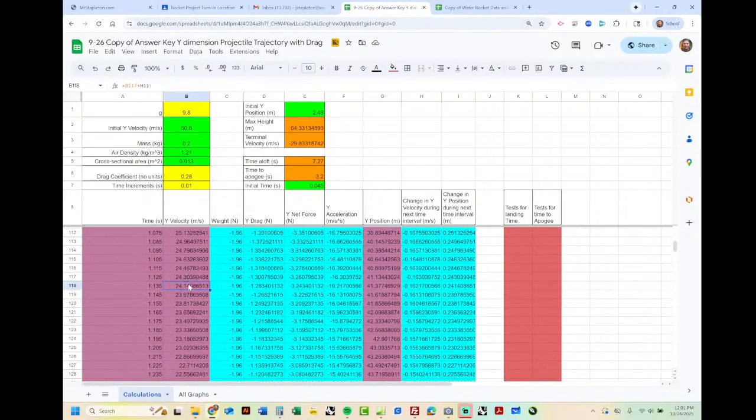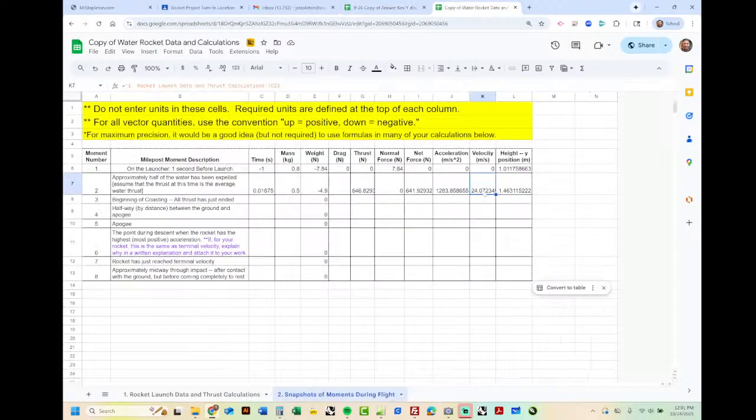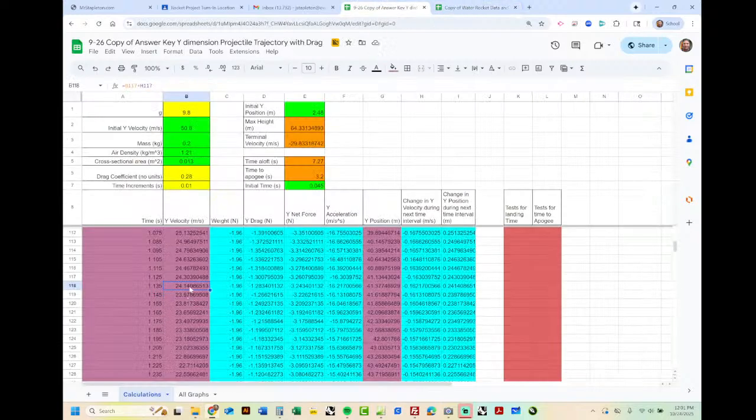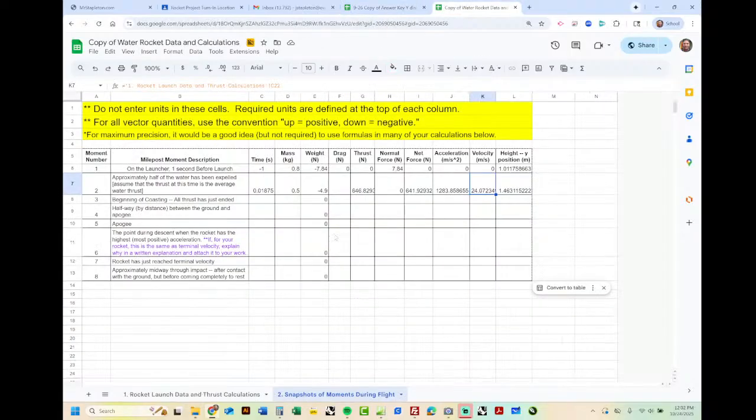There, about 24. 24.07. This is the closest thing I have to that. Maybe this one. But anyway, if you look at the drag, it's negative 1.28. Here it's negative 1.26. So I'm just looking for something reasonable. Negative 1.27 would be fine.